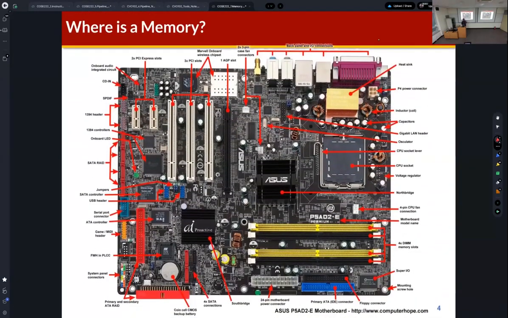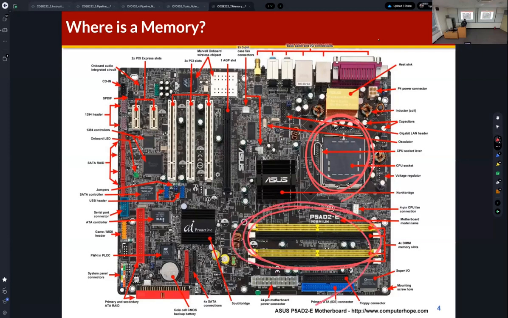Then where is the memory in the computer system? The CPU is here, right? So where is the memory? This is a very old computer, right? The memory is here.